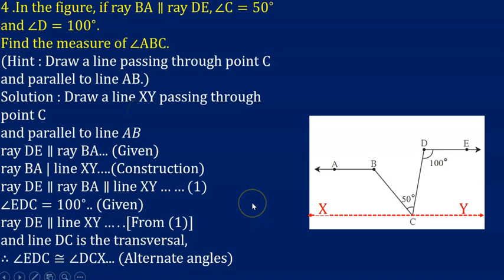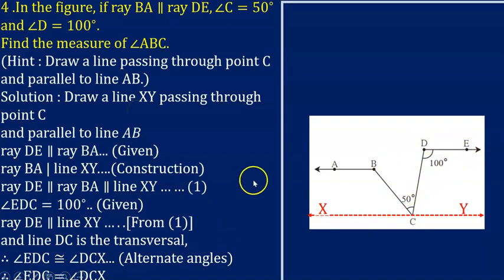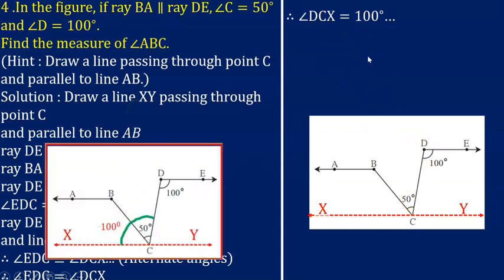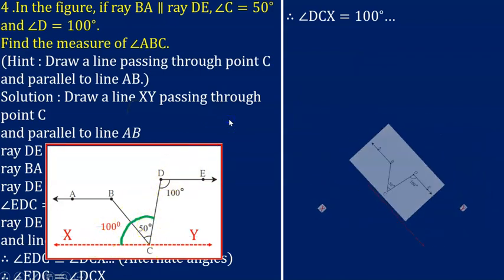These are the alternate angles as they are parallel, and therefore their measures are equal. That is, the measure of angle EDC is equal to the measure of angle DCX, and therefore the measure of angle DCX is also 100 degrees.